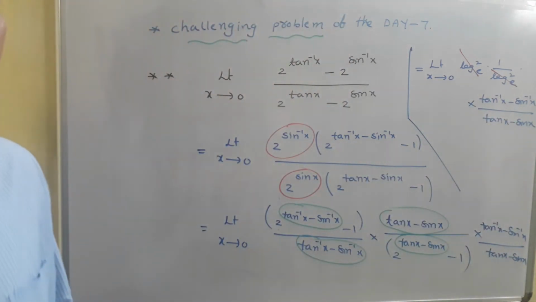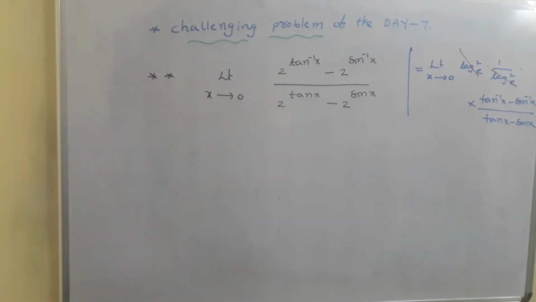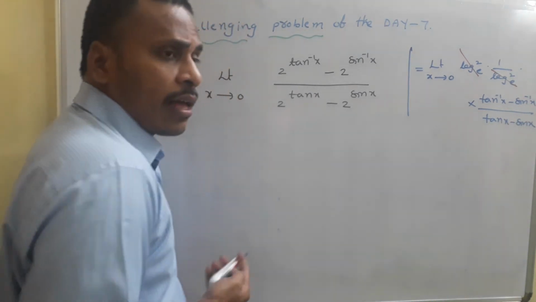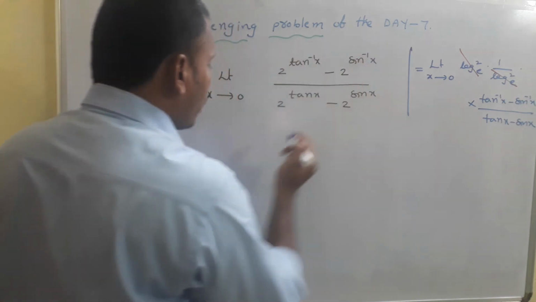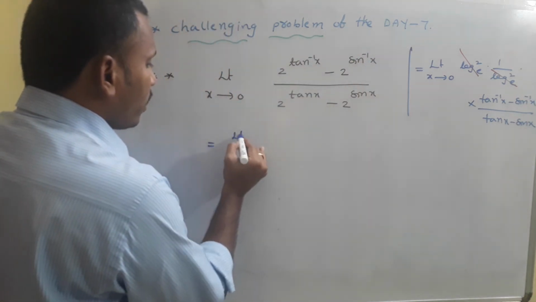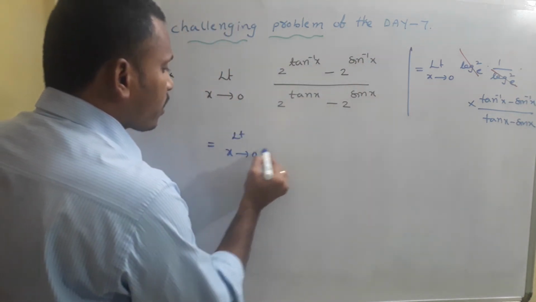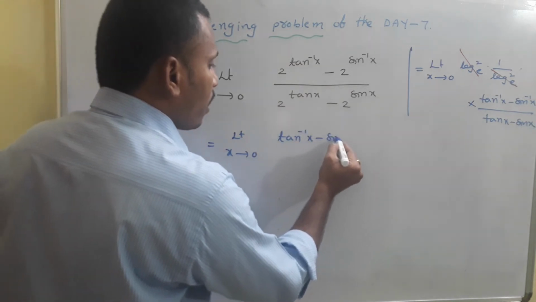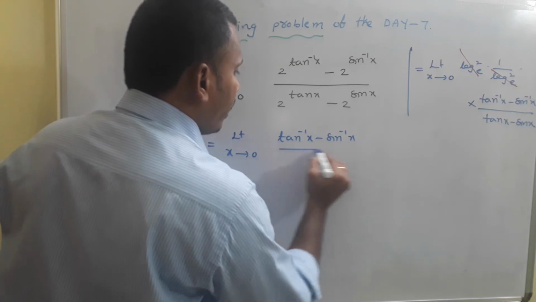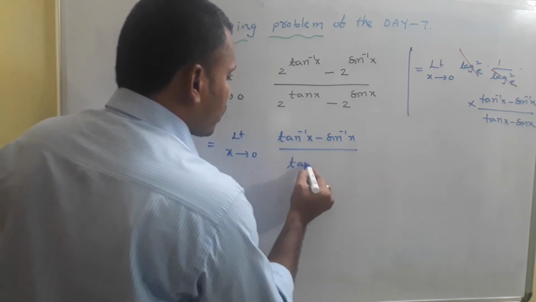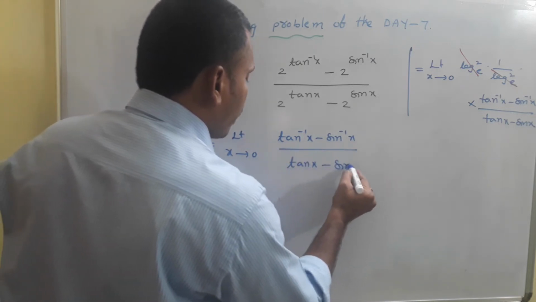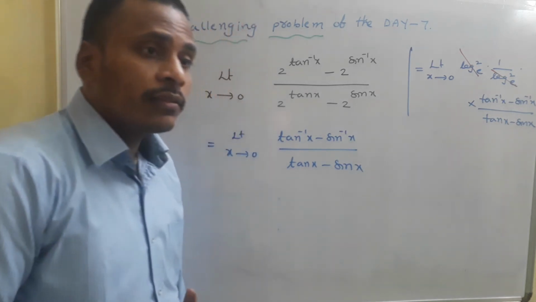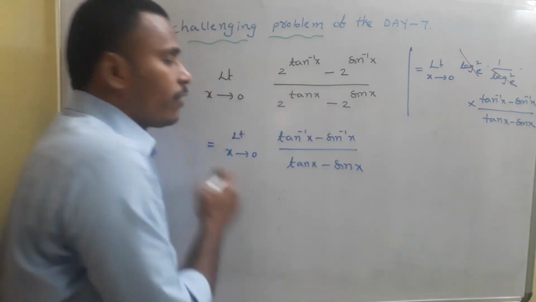Now, as we discussed, its answer can be written as limit x tending to 0 of tan inverse x minus sin inverse x divided by tan x minus sin x. Further, we need to calculate its limit value.